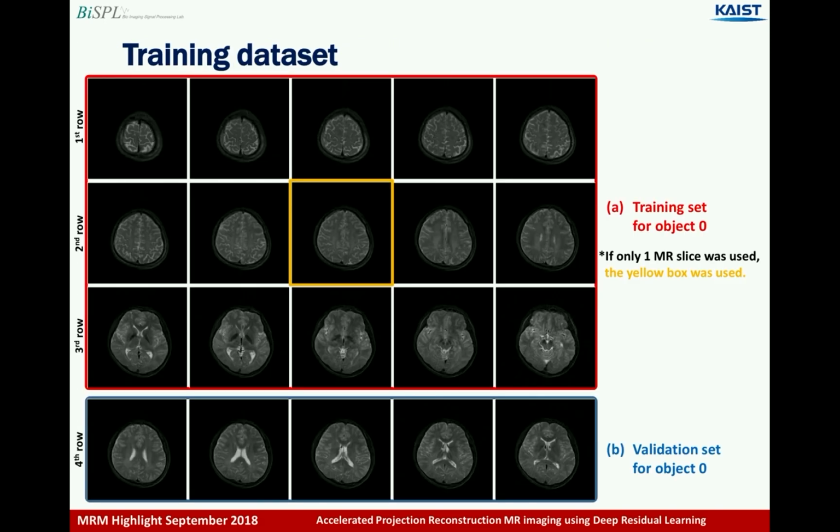This slide shows the training dataset, which is reconstructed by magnitude back projection. The first three rows are training data, and the last row is validation data. One MR slice was used for training the network. The yellow box images were used.